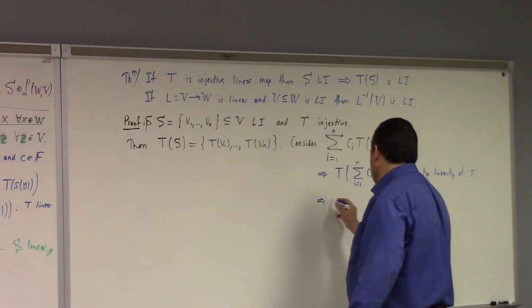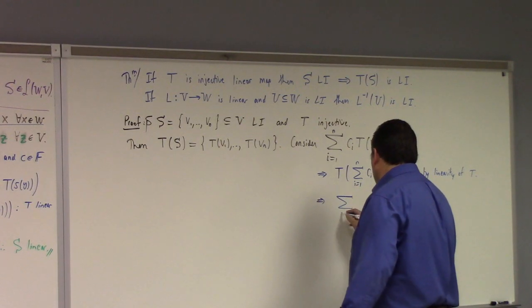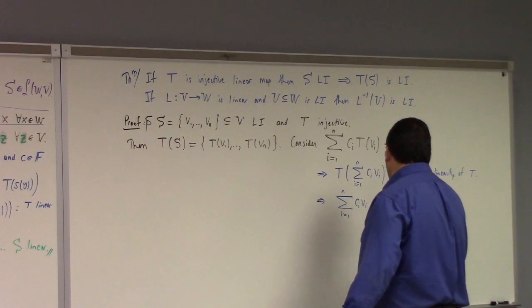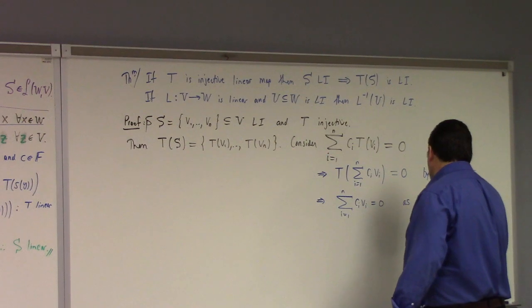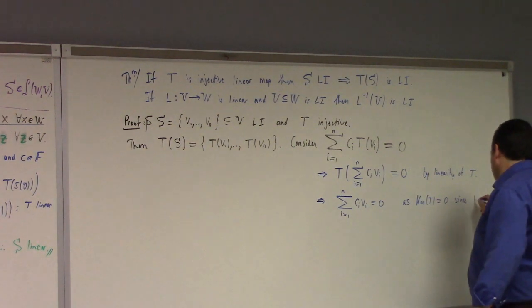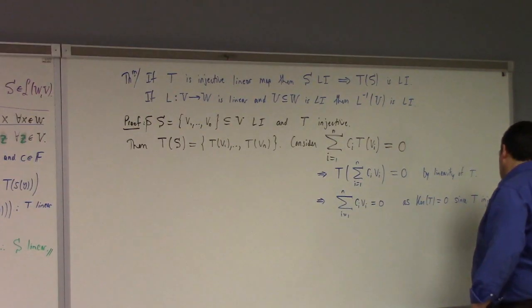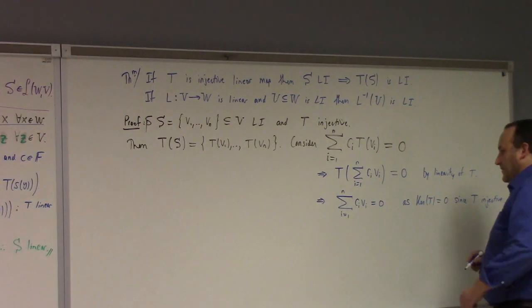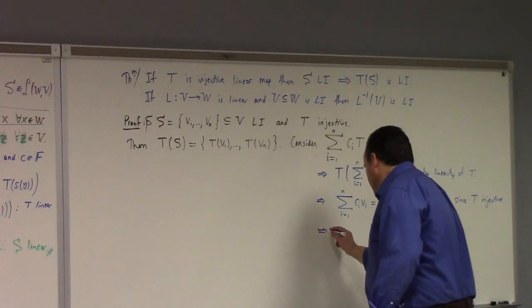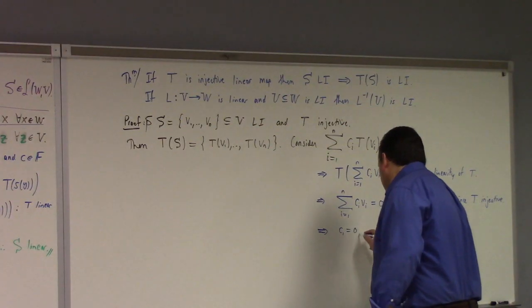So this implies then that the sum i equals 1 to n of ci vi is equal to 0, as the kernel of T is equal to 0 since T is 1-to-1, right? Or injective there. So then what? But that implies that c1 is 0 all the way out to cn is 0.